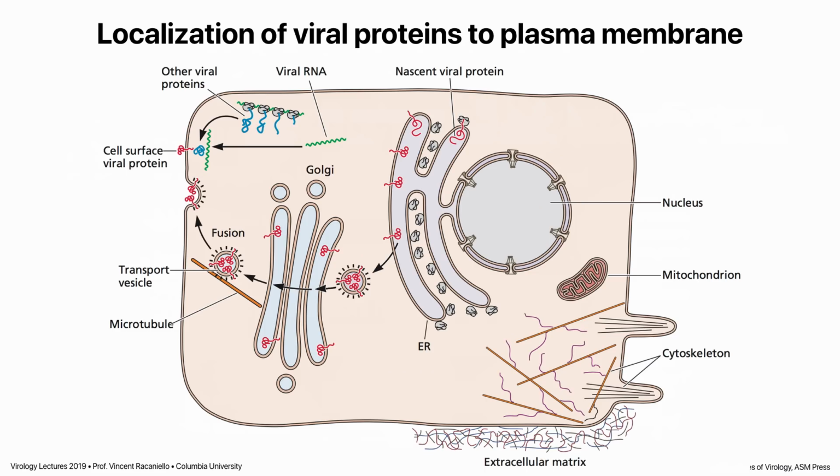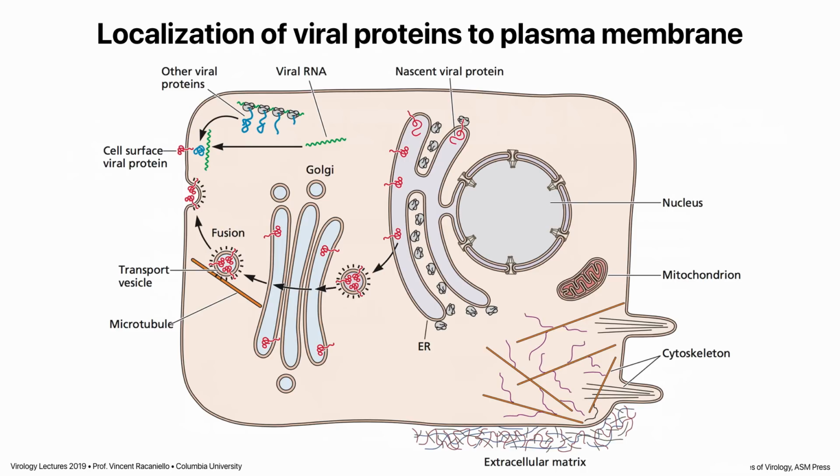And many viruses will assemble at the plasma membrane by a process called budding, which we'll talk about. And so there have to be addresses in the proteins to get them there. Here we have an example of a secretory protein made initially in the endoplasmic reticulum, and then it's transported up to the Golgi via vesicular transport. So a vesicle buds off the ER with the protein in it, then moves through the Golgi stack by a series of fusions, and then makes its way to the plasma membrane.